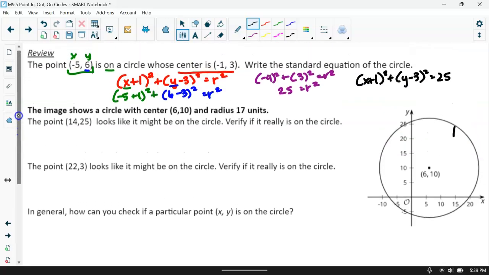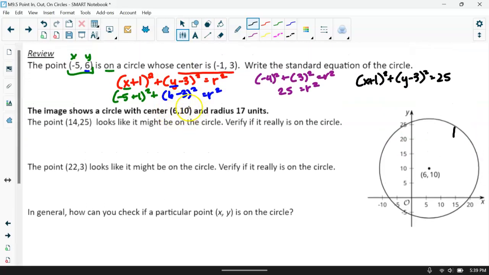We're still working with our center and the radius, so let's write our equation. This is (x - 6)² + (y - 10)² = 17², which is 289. So here's our circle in standard form.